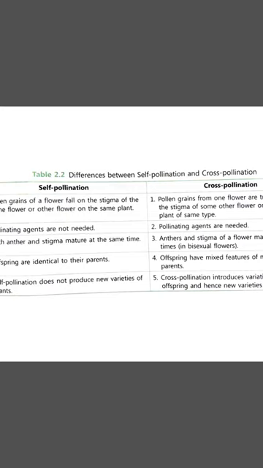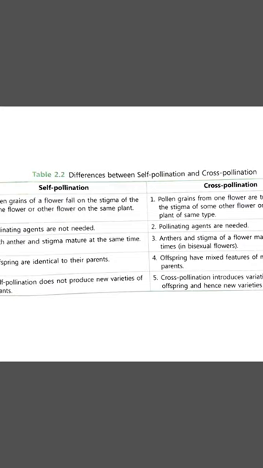In cross pollination, offsprings have mixed features. Why? Because pollen changes plants, though not the species of the plant. By the changing of the plant, some characteristics will be different.